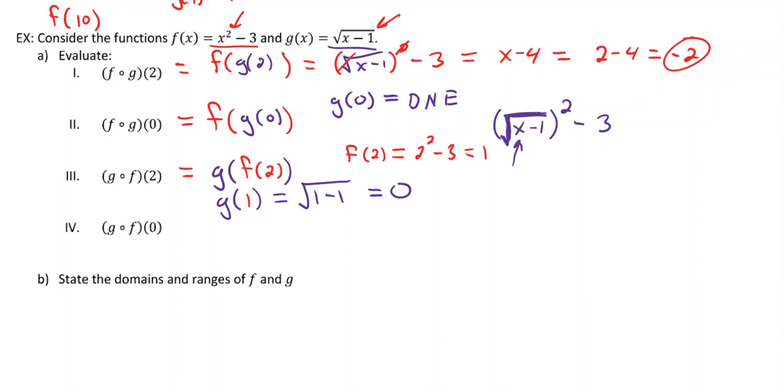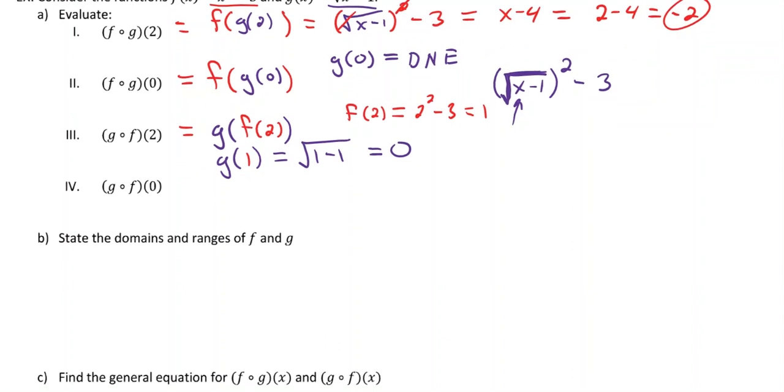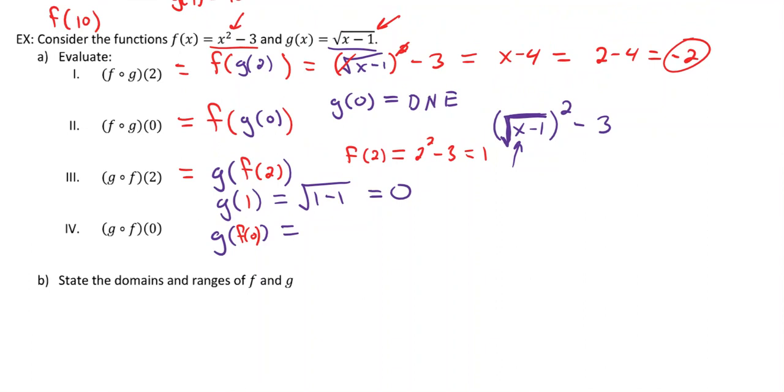Okay, next one. For the next one here, we're going to have g of f of 0. So f of 0 is equal to 0 squared minus 3.